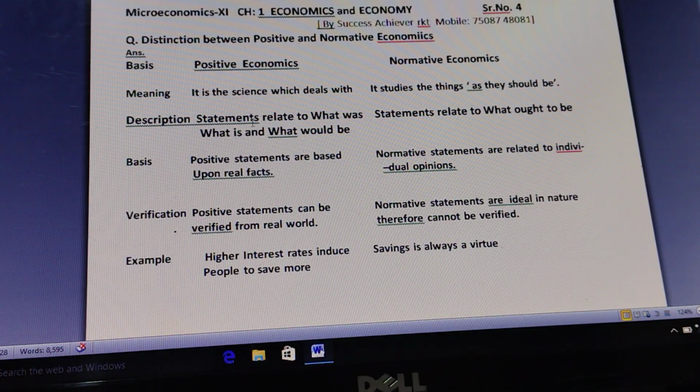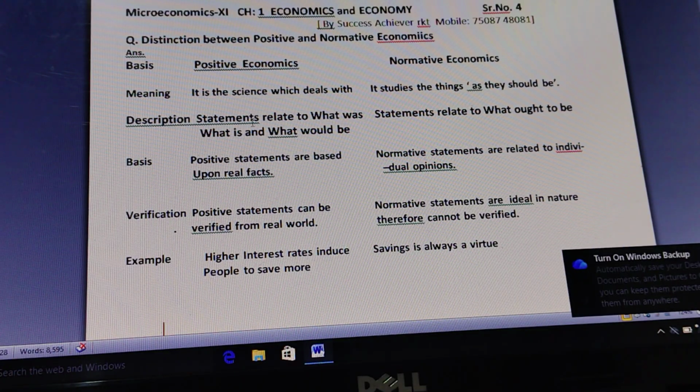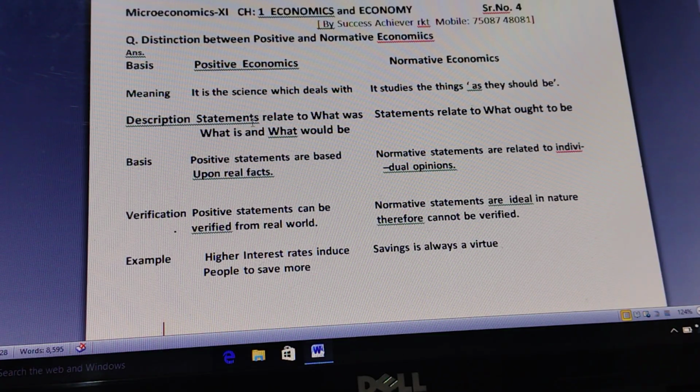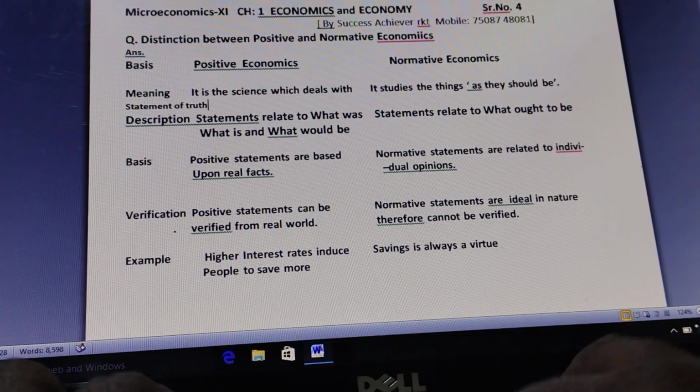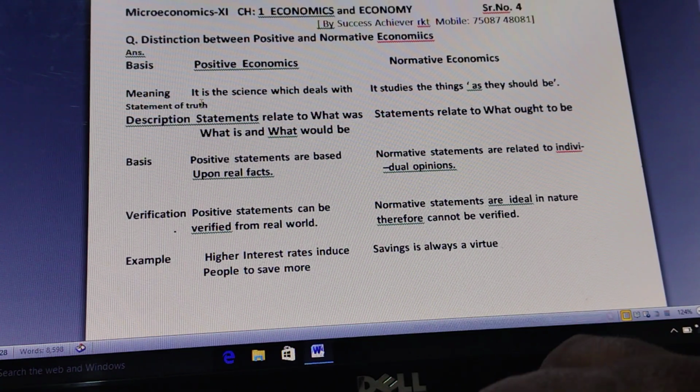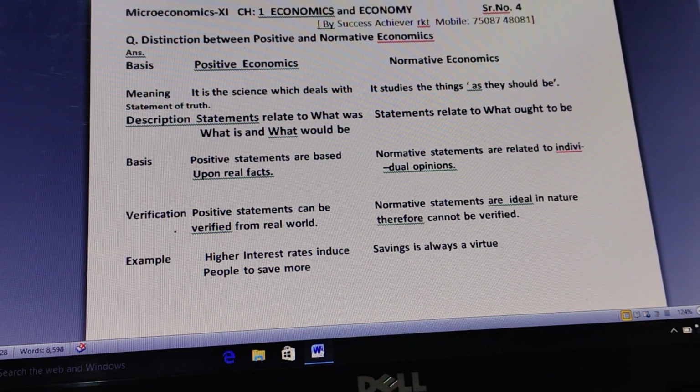Positive economics is the science which deals with statements of truth. On the other hand, normative economics studies things as they should be.